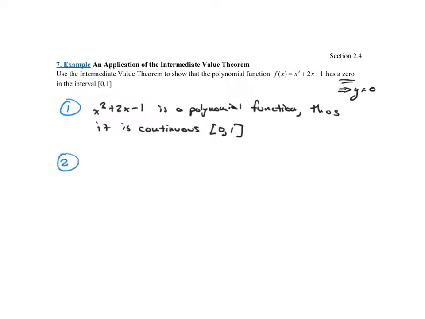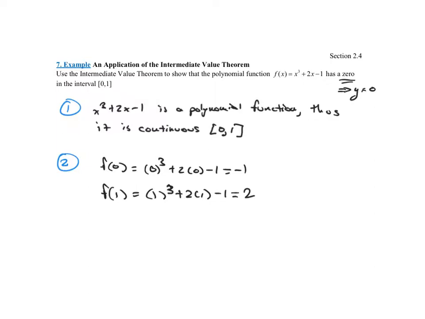That's the first thing we need to do. The second thing we need to do is evaluate the function at the endpoints. So let's use the first endpoint, which would be f of 0. That'd be 0 cubed plus 2 times 0 minus 1. Well, that's a negative 1, right? Now let's plug in f of 1, which equals 1 cubed plus 2 times 1 minus 1. 1 cubed is 1, plus 2 is 3. 3 minus 1 would be the value of 2.